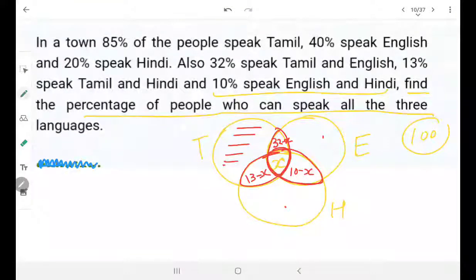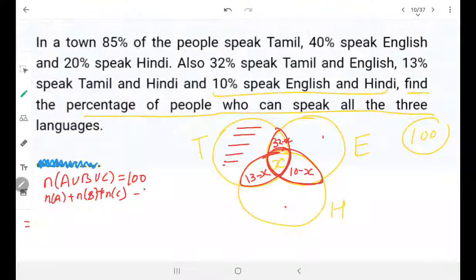Total are 100 people. So n(A union B union C) is 100, and that is equal to n(A) plus n(B) plus n(C), because this is a straightforward question. They have not asked for anything like only. They just asked all together. Then minus n(A intersection B) minus n(B intersection C) minus n(C intersection A), and then plus n(A intersection B intersection C).